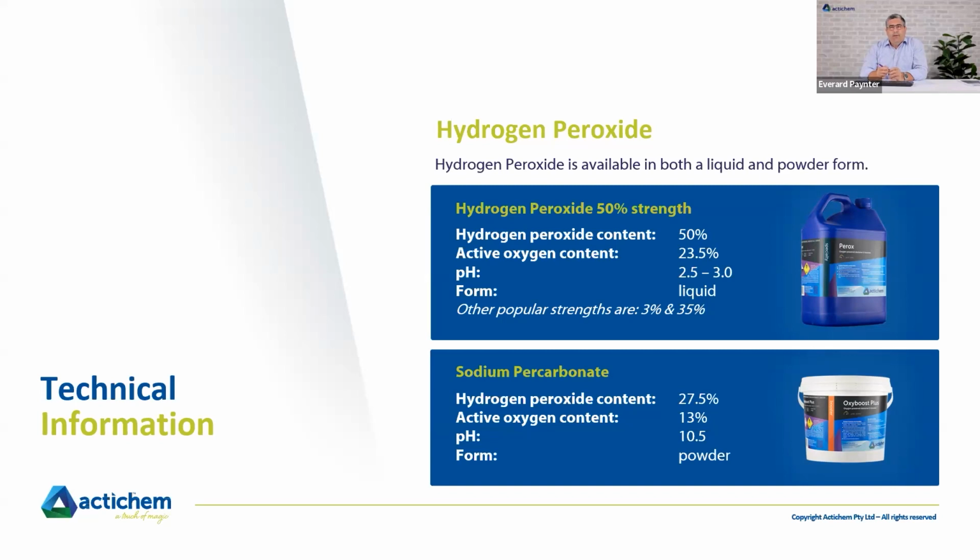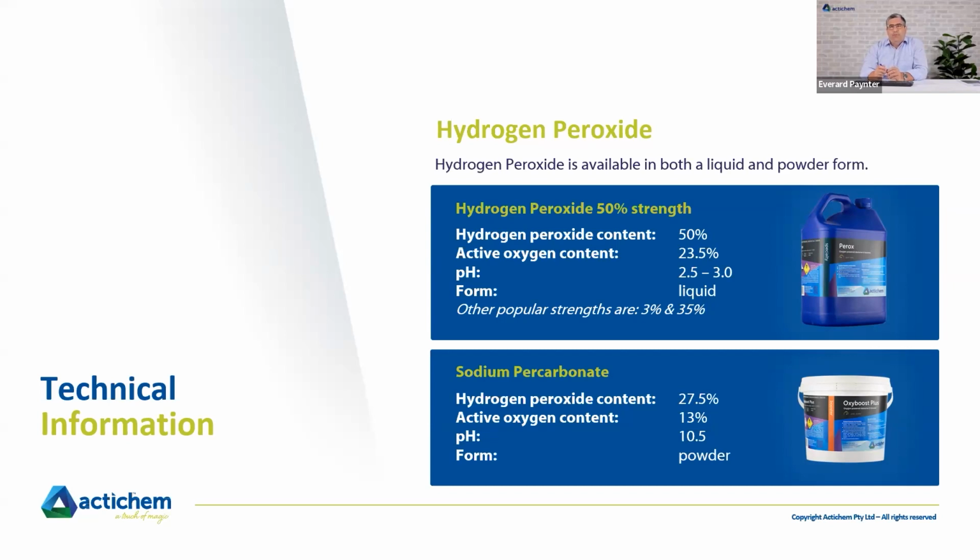Other popular strengths are 3% and 35%. 35% is very popular in other countries, European and USA, etc. So we need to ensure that we know what we're working with if we just use the word hydrogen peroxide. The active oxygen content in hydrogen peroxide of 50% is about half of its strength, so that's 23.5%, with an acidic pH. And we'll touch on that a bit later.